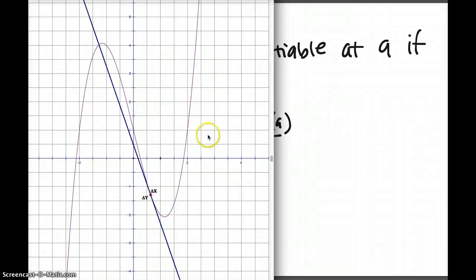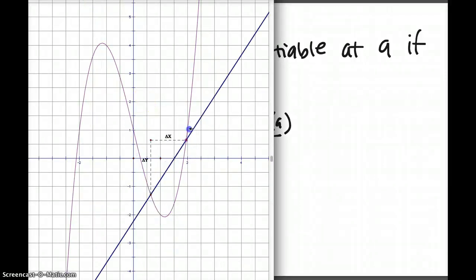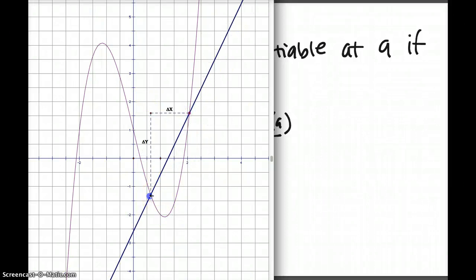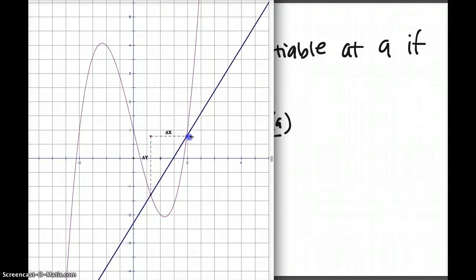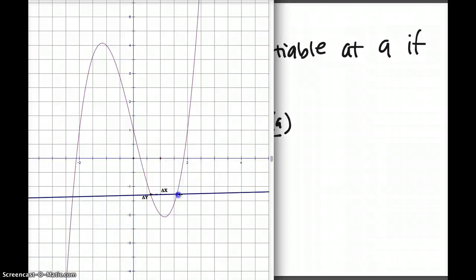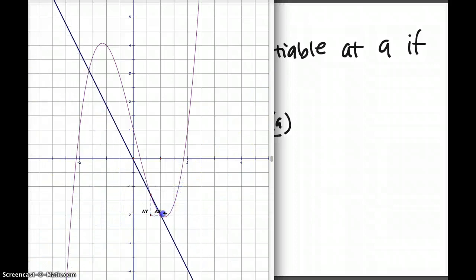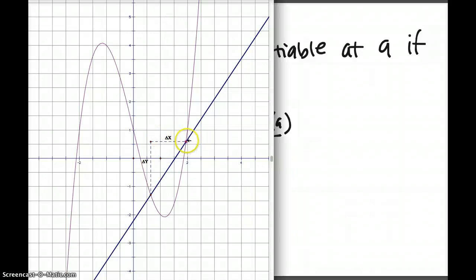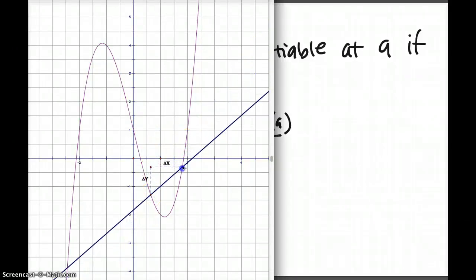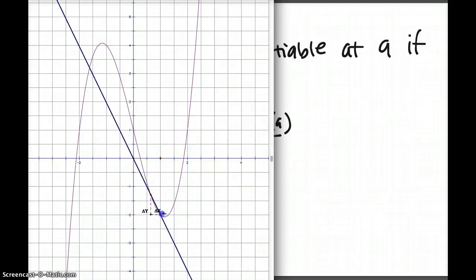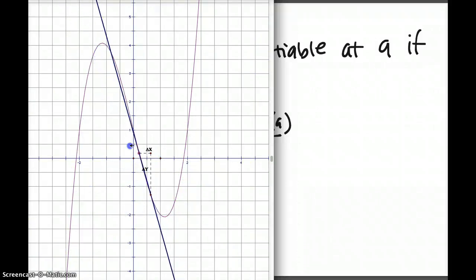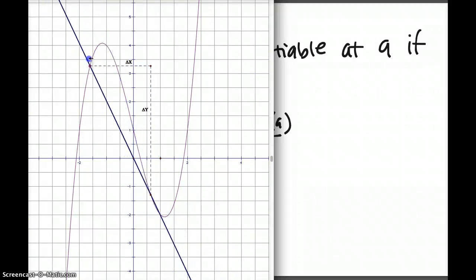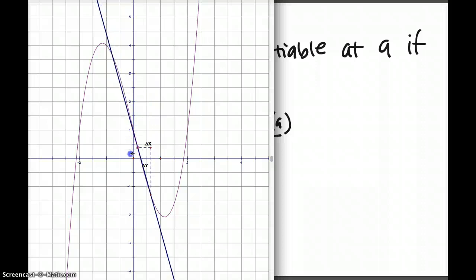What that means here is, if this is my point A right here, and I make my change in x closer and closer to 0, in order for the limit to exist, in order for this function to be differentiable at that point, the slope from the right coming in closer has to be the same as the slope from the left coming in closer.